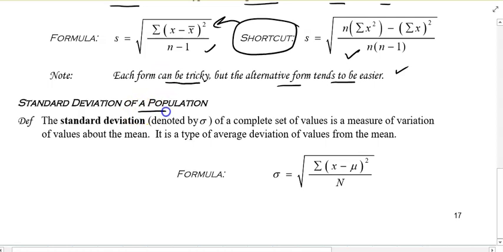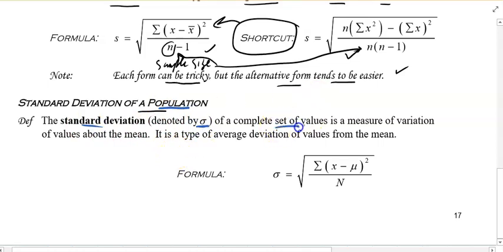Standard deviation of a population. So notice this is the sample size. And if we want the standard deviation of a population, we denote it by sigma.